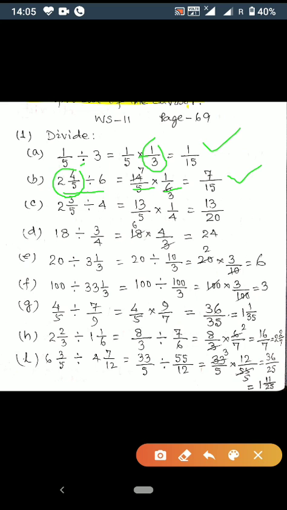The reciprocal of 6 is 1 by 6, so it can be written as 14 by 5 multiplied by 1 by 6. Now 2 is common here, so 2 threes are 6 and 2 sevens are 14, equal to 7 by 15.